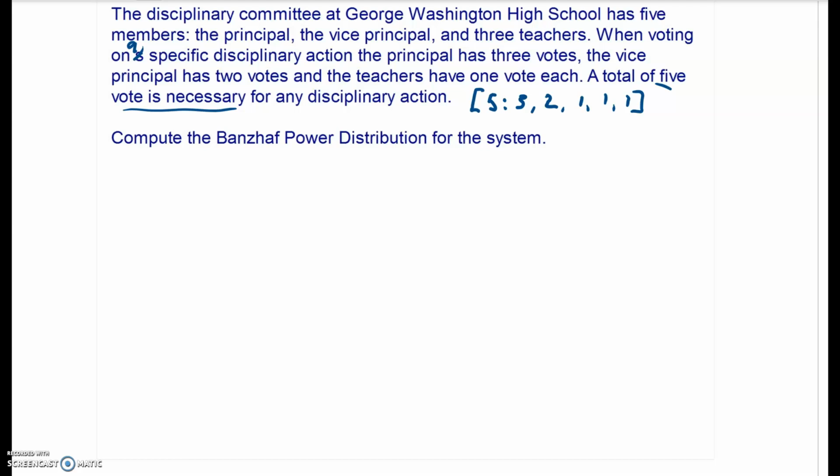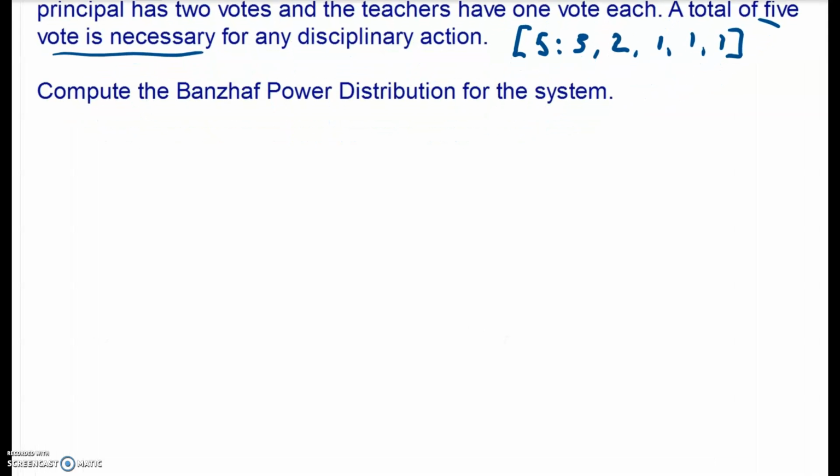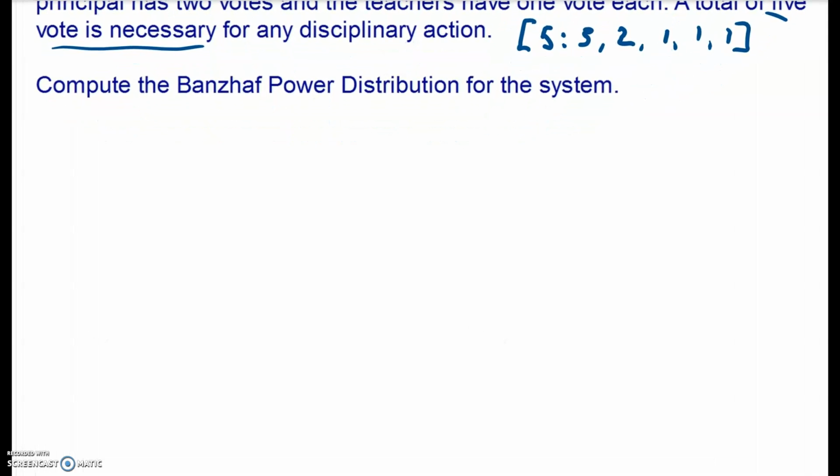So remember, the very first thing we have to do is find all of the winning coalitions for this voting system. So there's our voting system. Let's start listing our winning coalitions. What I like to do is start with the coalition that has the least amount of players. In this example, player 1 and player 2 voting yes gives me 3 plus 2, a total of 5 votes.